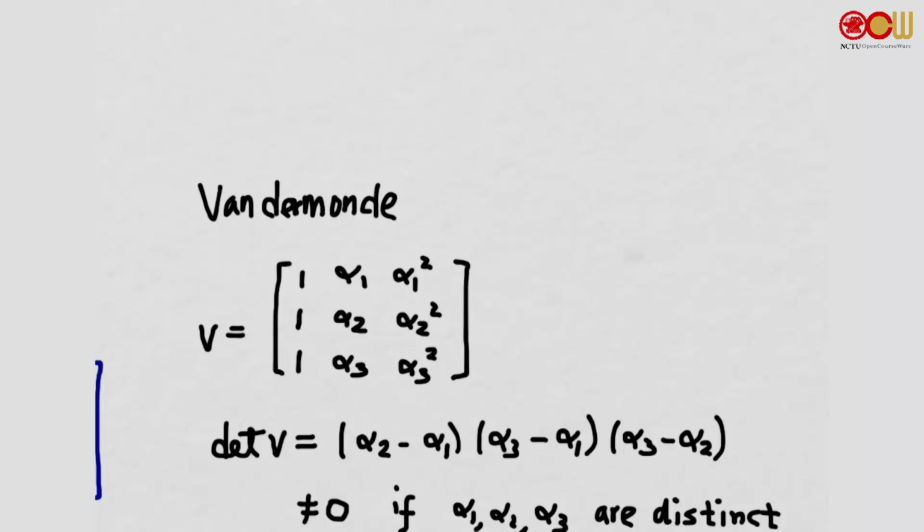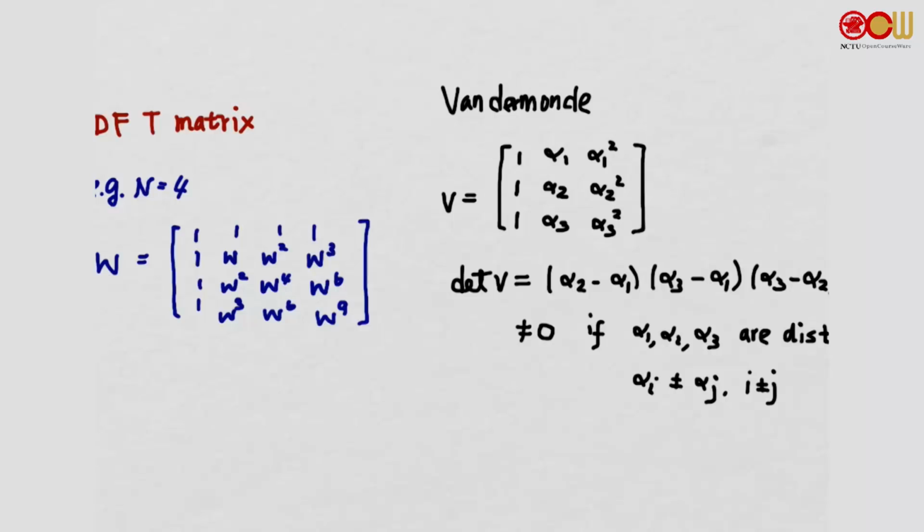Now let's go back to the DFT matrix. Is our DFT matrix a Vandermonde matrix? Yes, indeed. And what is our alpha? This would be our alpha 1, and that would be our alpha 2, and alpha 3, and then alpha 4.